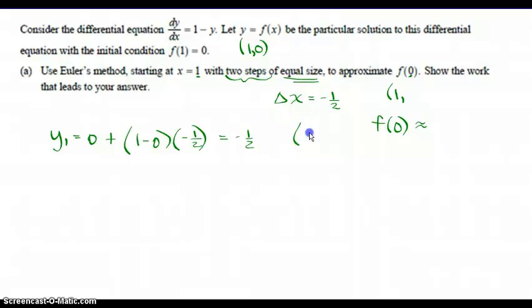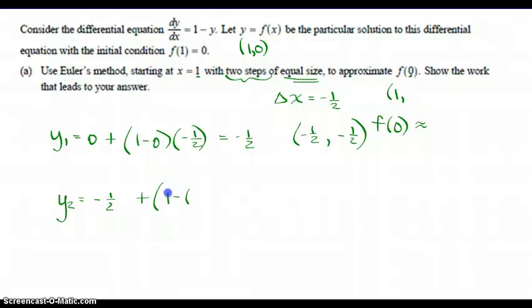I'm going to stop here, and I went from 1, took a step size in the -1/2 direction, and wound up with -1/2 being x1, y1. So here's my second step, and my previous y value is -1/2.